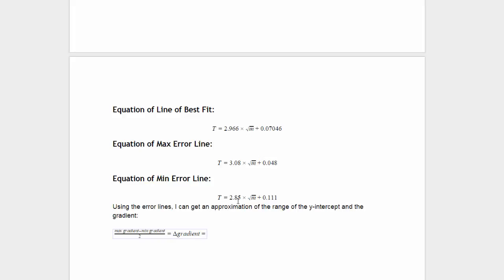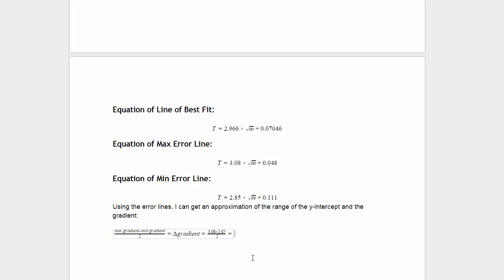And so what do we get there? We get, once again, we add a fraction. So the max gradient is 3.08 minus 2.85 over 2 gives us, what is that?